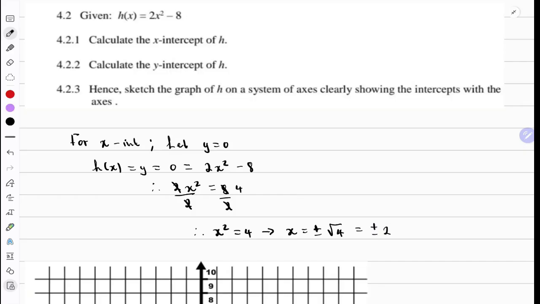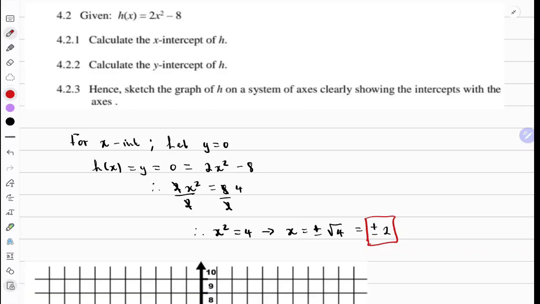So these are sometimes called the roots, or the solutions, or the zeros of the parabolic function. These are called the roots or the zeros of a parabolic function.